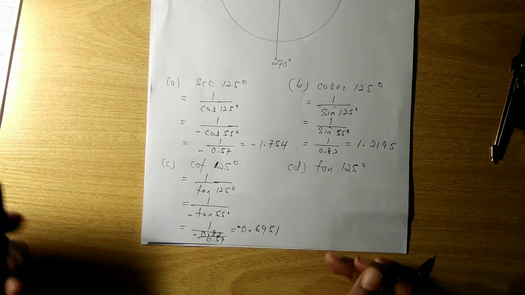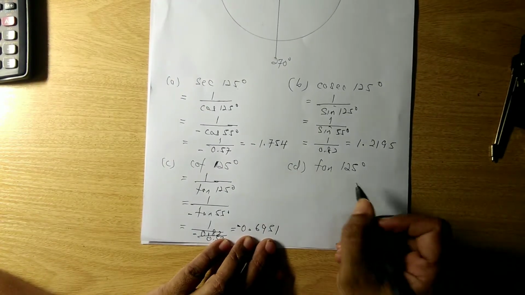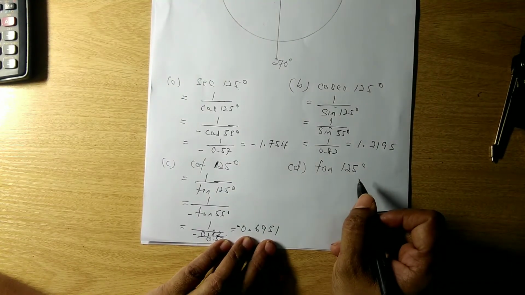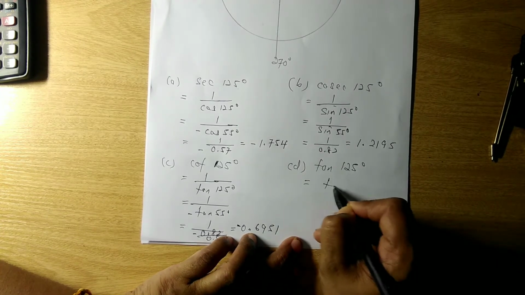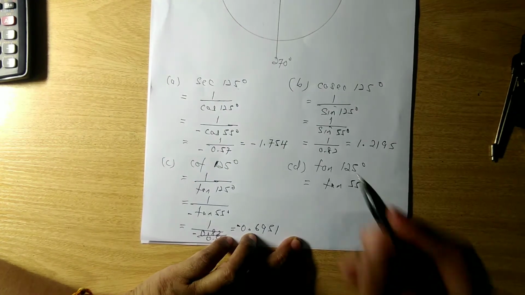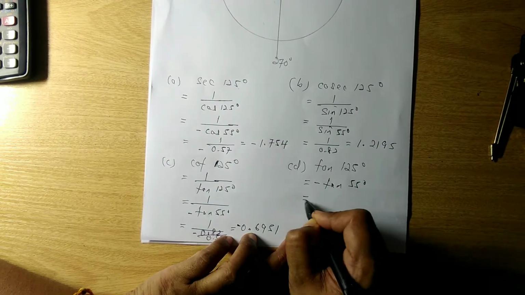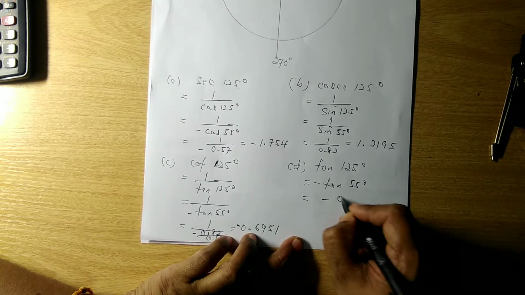Okay. Last is tangent. Tangent of 125. So tangent of 125 is actually negative tangent of 55 degrees. Okay, so tangent 55 is 0.82 over 0.57.